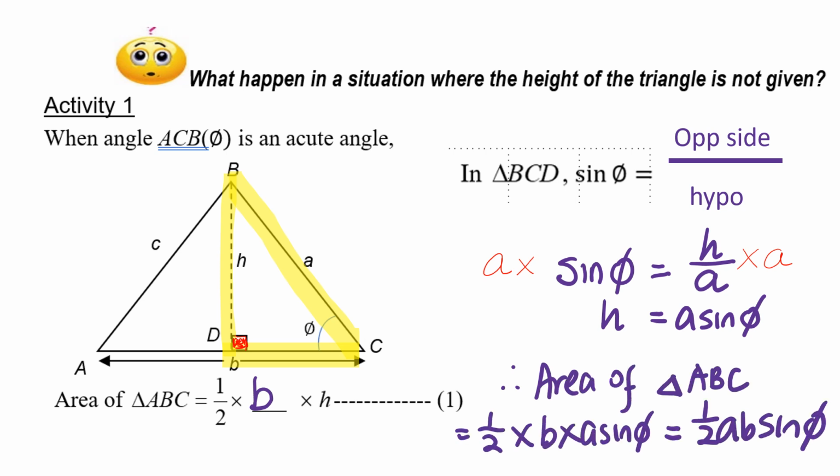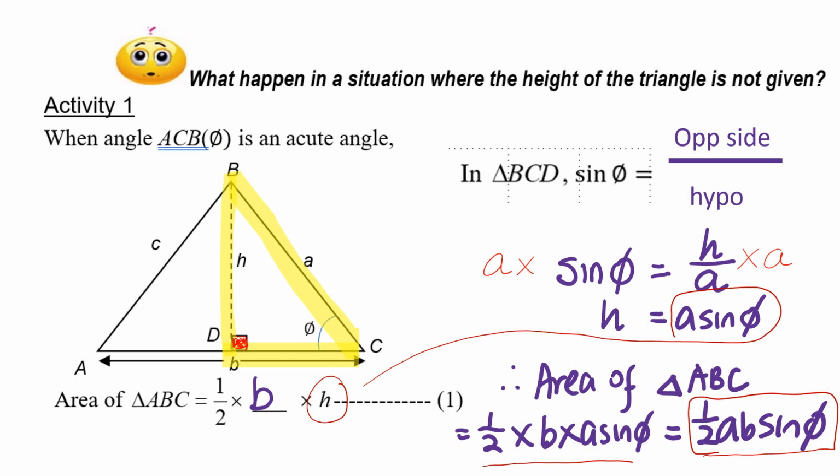In equation 1, what we have here is half times base times height. We're going to replace this letter H, because you're not given the height, with A sine phi. And this is what we get. Half times B times A sine phi gives you half AB sine phi.